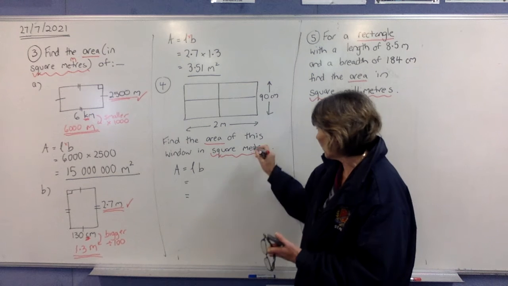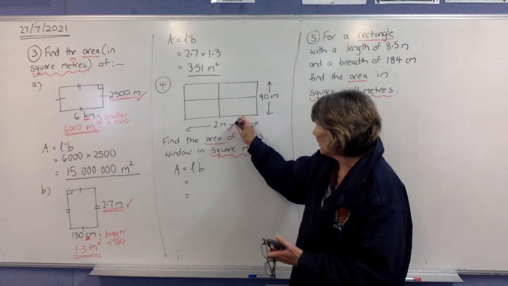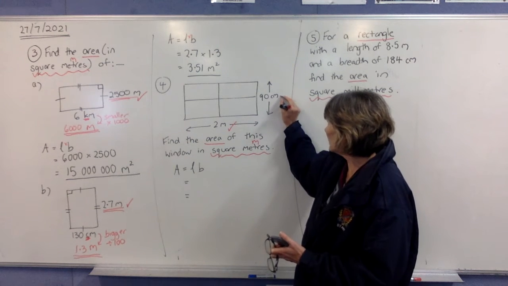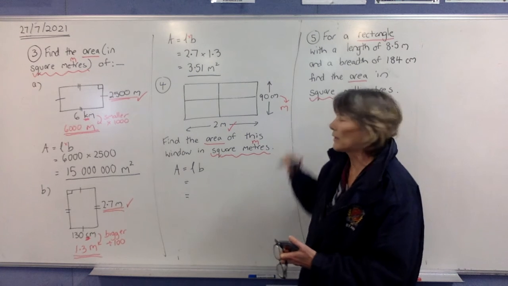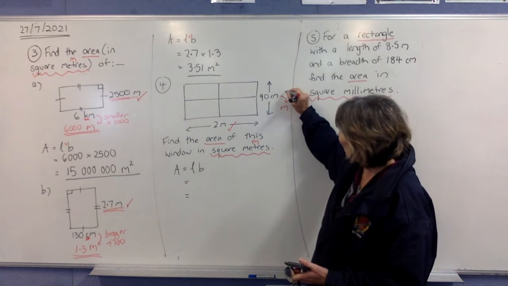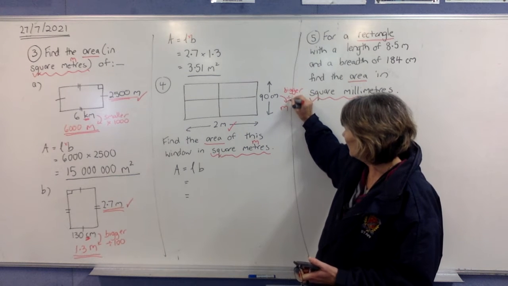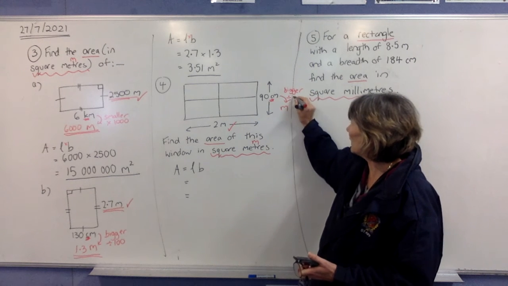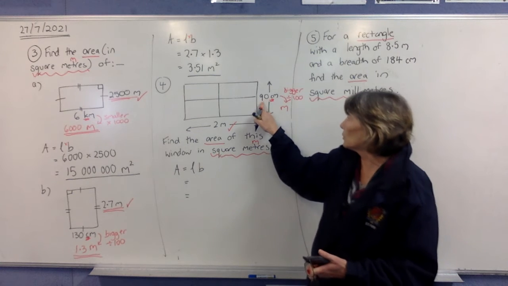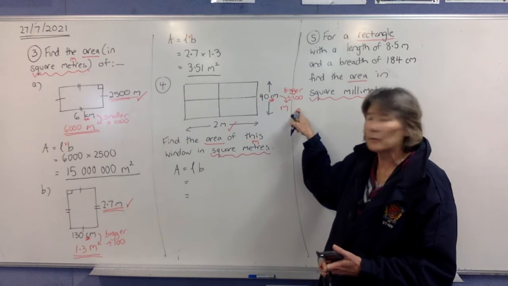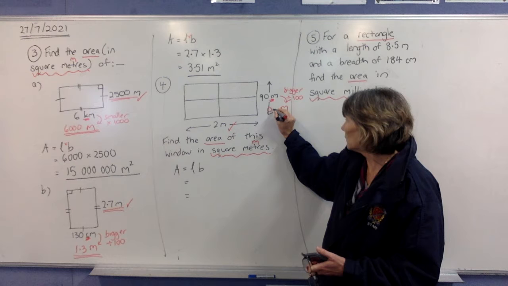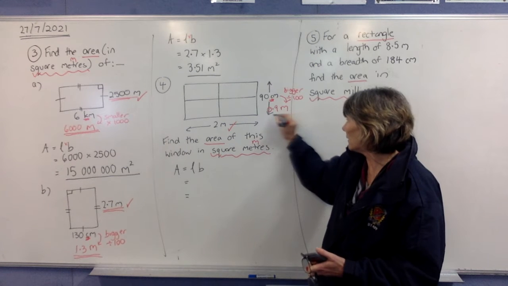So we have to make sure our numbers are in metres. That one is not. So we're going to convert that to metres. So we're going to a bigger unit. So we divide. Centi tells us we're dividing by 100. So you do 90 divided by 100 on your calculator, and you will get 0.9.